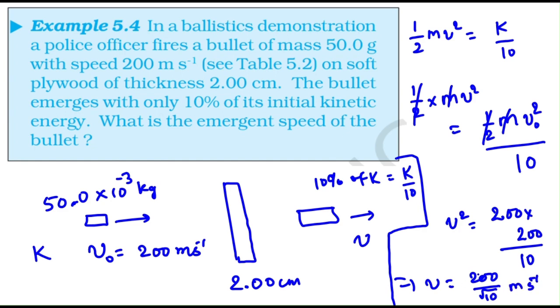You can calculate it in decimal, and if you go into detail, you have to keep in mind the significant figures involved here, and then go for the least significant figure. What is the least significant figure here? It is 50.0 gram.